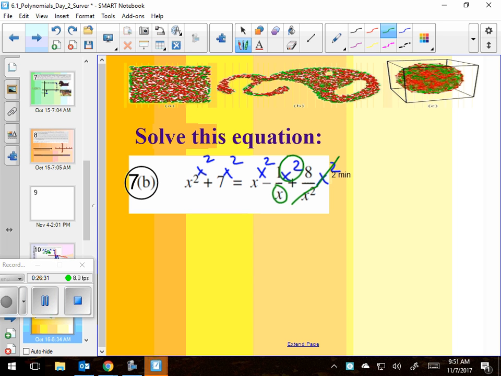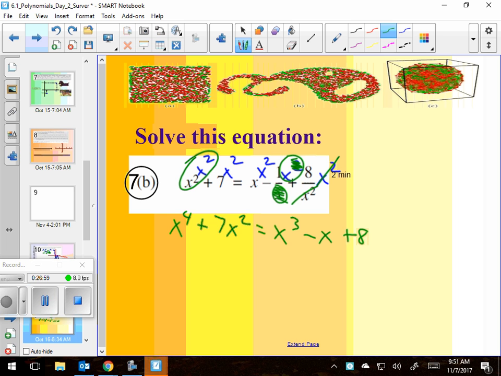So this part right here, the squared part, will be gone. It won't be x squared anymore. It'll be just an x, and that'll cancel this x. Now I end up with x to the fourth plus 7x squared equals x to the third minus x plus 8. Pretty intense, and I'm not done yet.